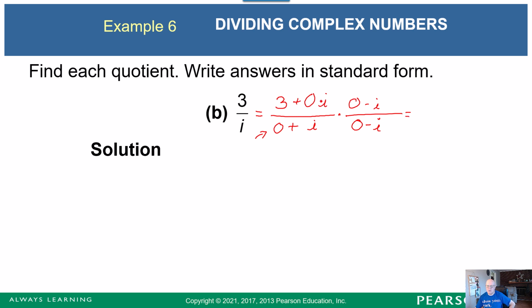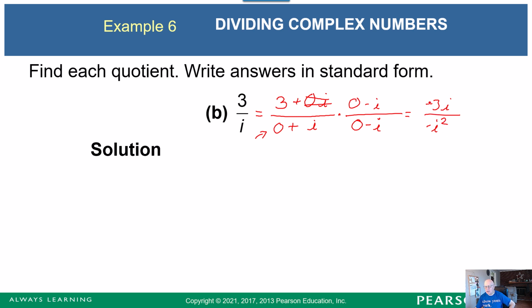On the top, we know this is 0, so we'll just make it easy for ourselves. 3 times 0 is 0, 3 times minus i is minus 3i. Okay, and on the bottom we've got minus i squared. Well, remember, this is a minus 1.